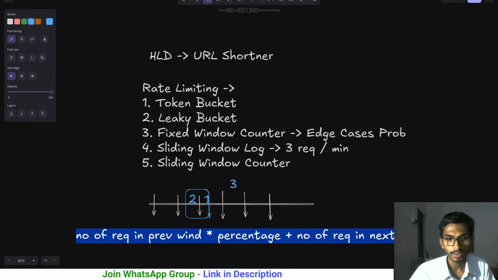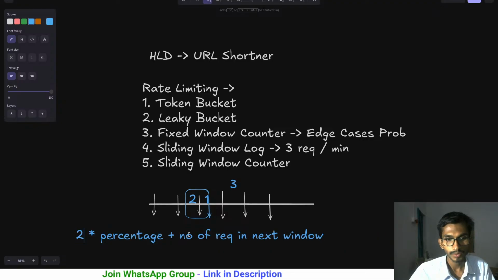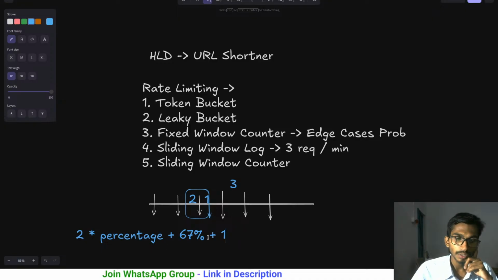In this particular case, the number of previous requests is going to be 2, and suppose that covered around 66% or 67%. So I have to take this much, plus 1 request. So the calculation is going to be 2 times 67% plus 1.